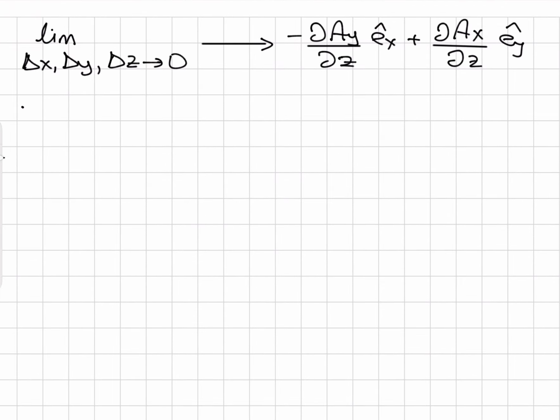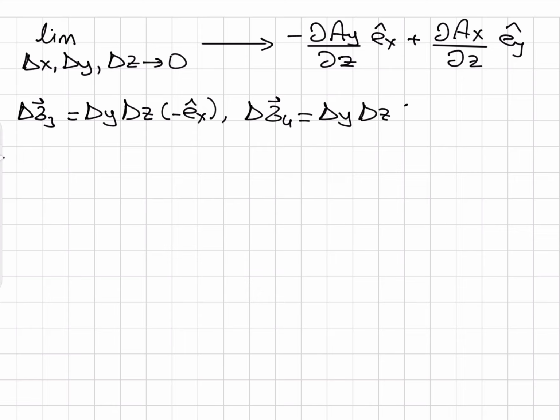Now we continue with this procedure quickly. For delta sigma 3, I have delta Y, delta Z in minus EX hat direction. And for delta sigma 4, I have delta Y, delta z in plus ex hat direction.